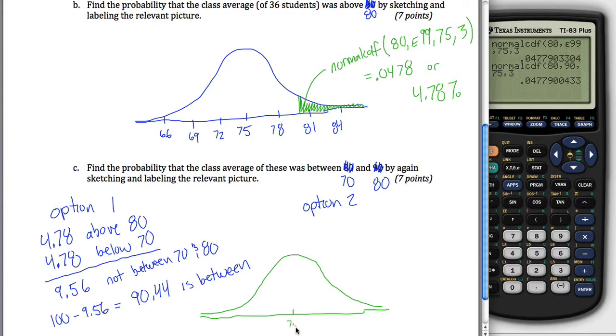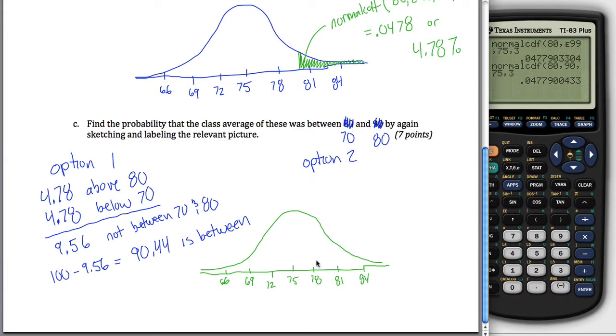I got 75 in the middle, 78, 81, and 84. And then if I count down, I got 72, 69, and 66. And the answer I already figured out is 90.44, or at least very close, up to rounding errors.